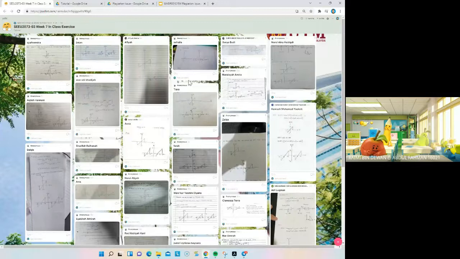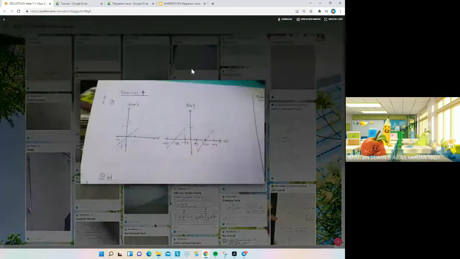Let's see Suhaila's answer. Okay, Suhaila answered X(omega), and she did it like this. But your graph is incomplete.